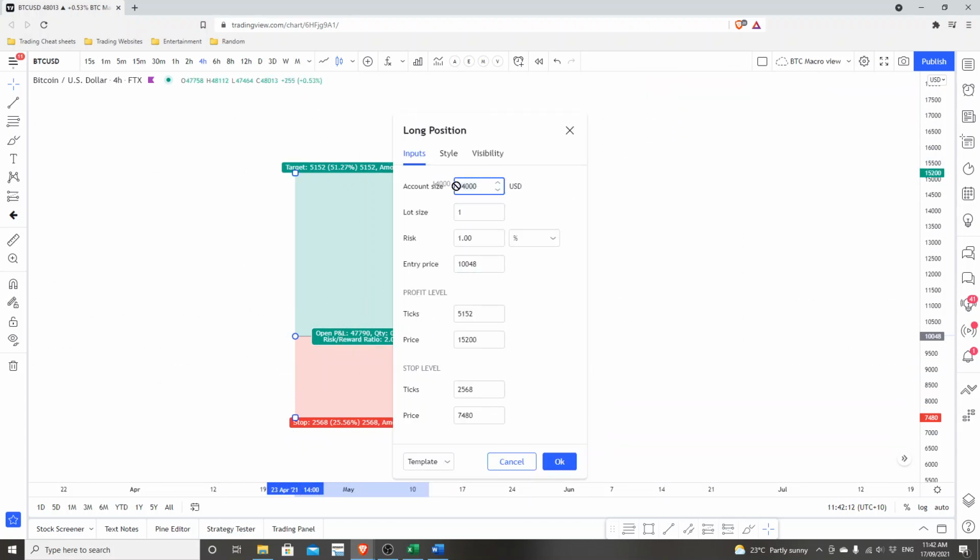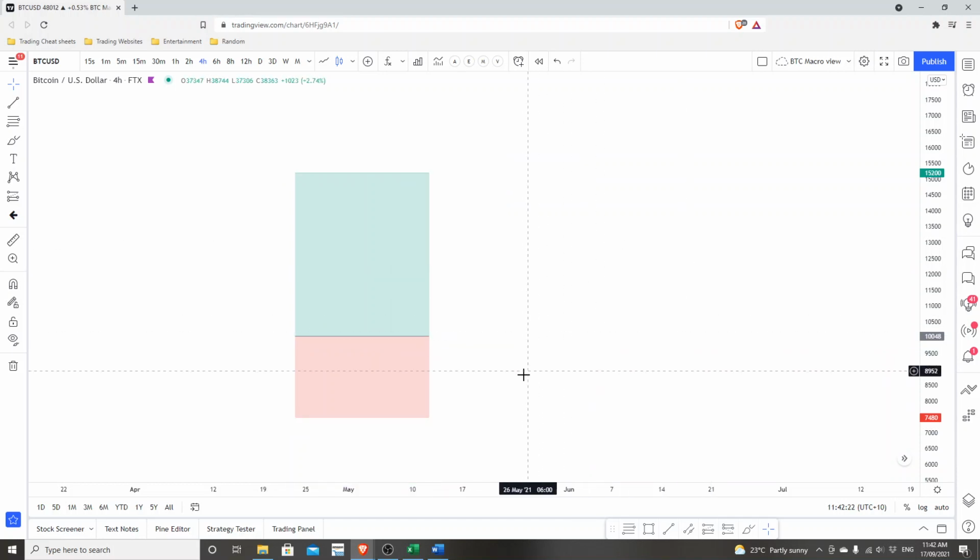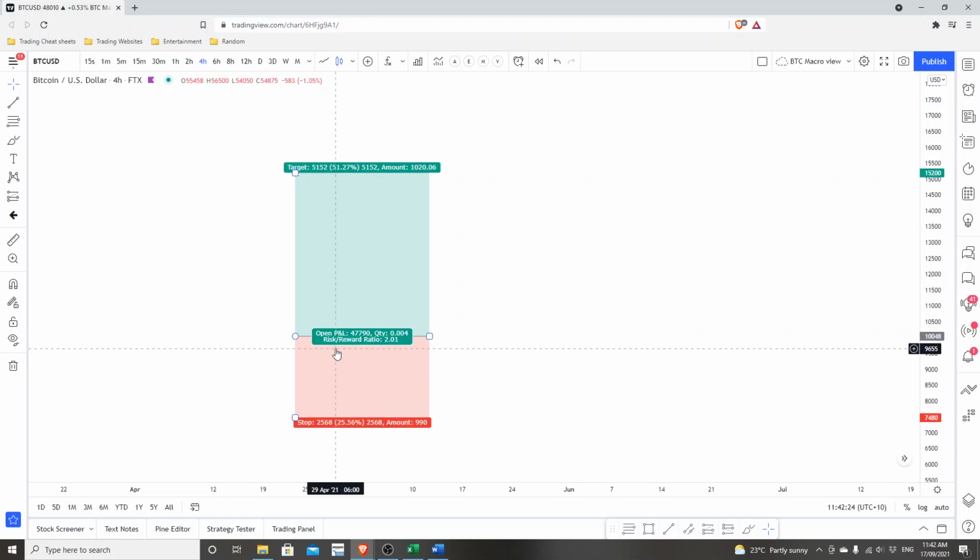So change your account size here to 10,000. A lot size doesn't really matter. Risk, you're risking 1%. Okay. It tells you here how much to buy. It's telling me to buy 0.004 Bitcoin versus the US dollar.